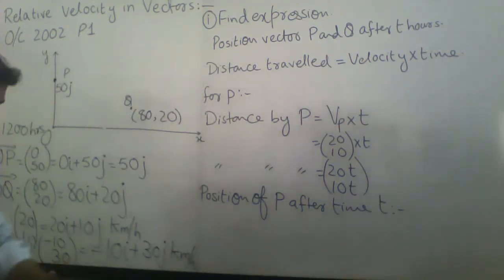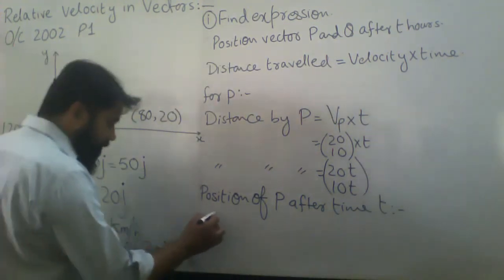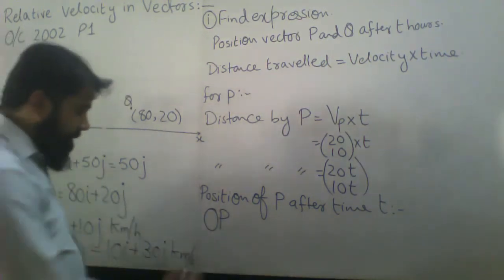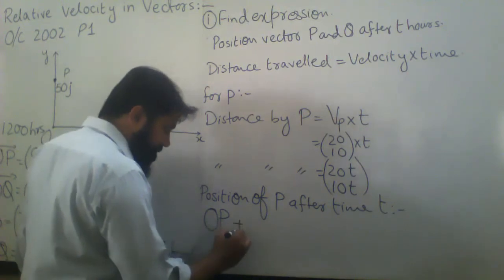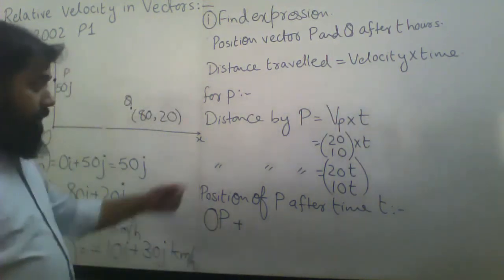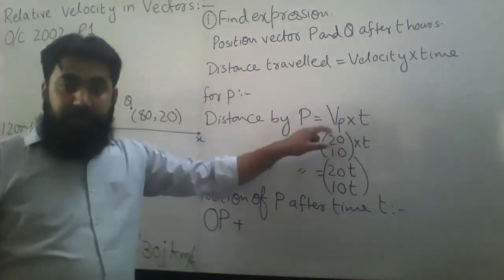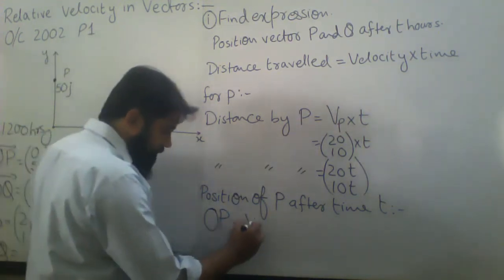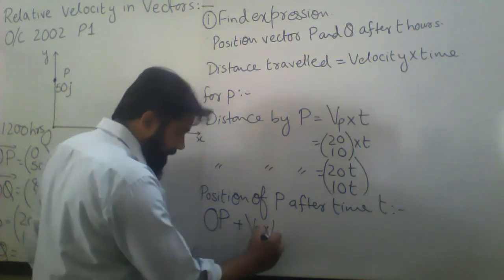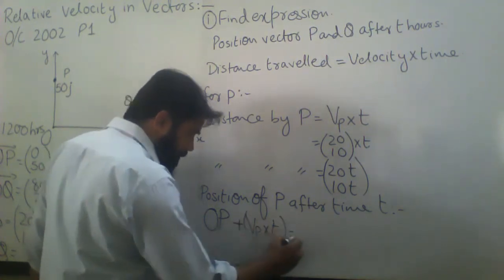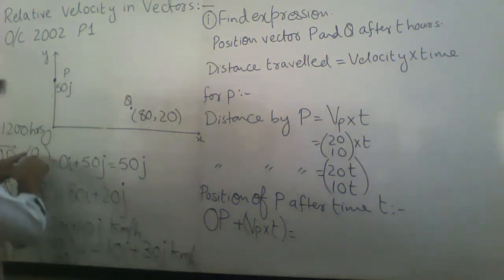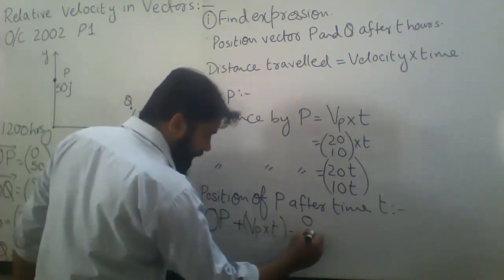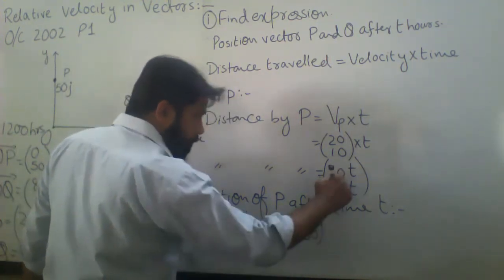First of all I will take OP, whatever was given, plus the distance traveled in T time, that is Vp multiplied by T. OP was given as (0, 50).